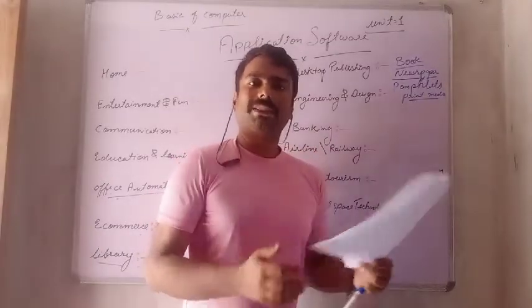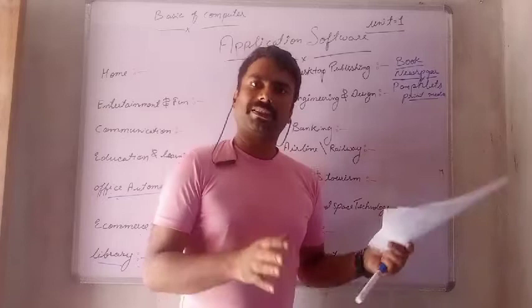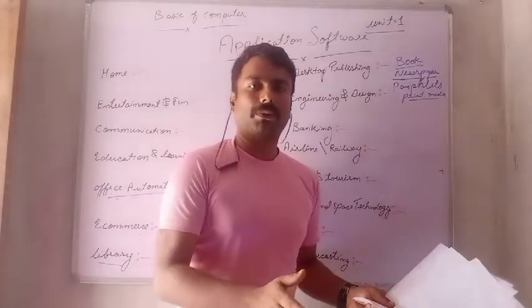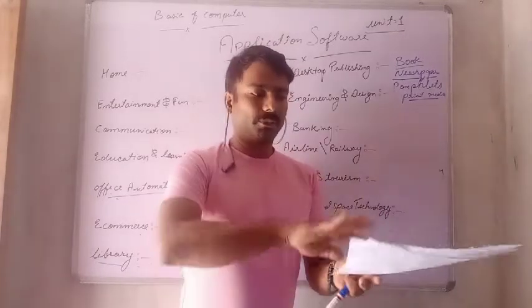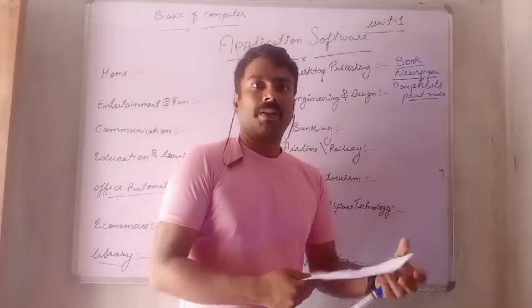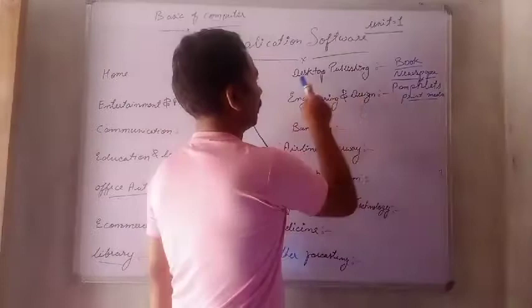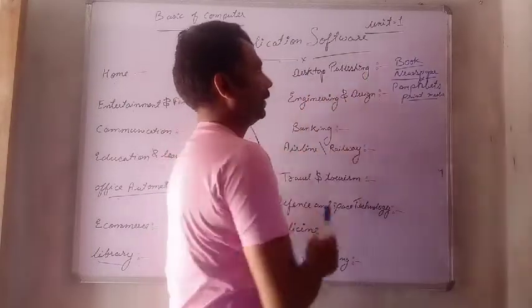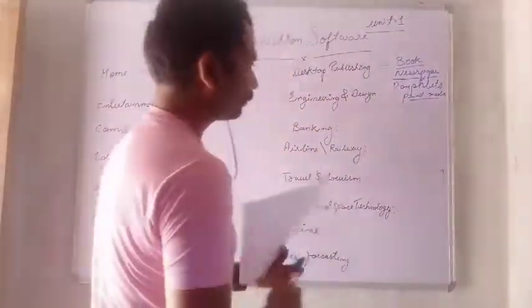All the information should be written inside the pamphlet. You might have seen the folding type of pamphlet in which most of the details are mentioned. That designing is also done with the help of desktop publishing.